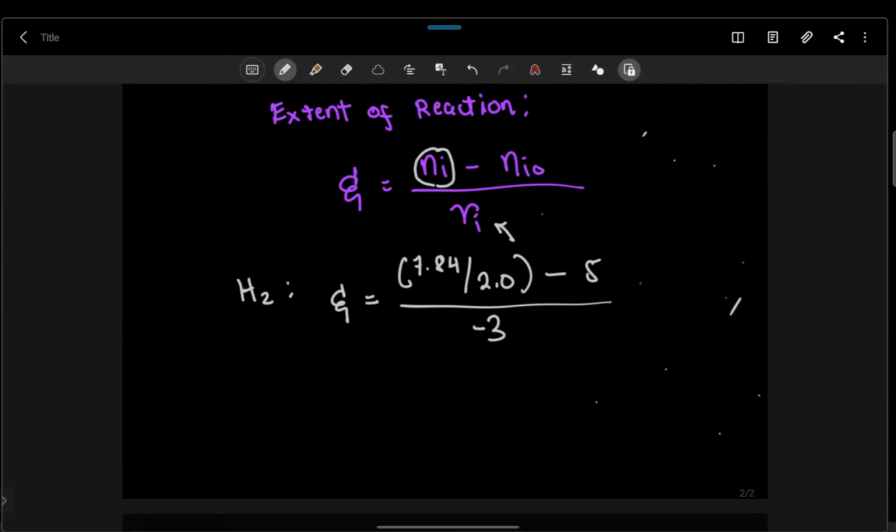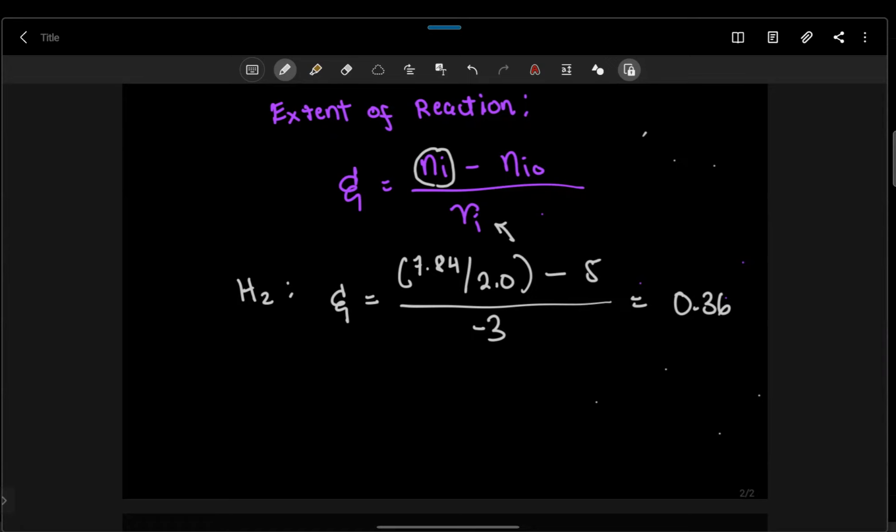So, if you will compute this, bibigyan ka ng 0.36. Okay? Na sagot. That is now the extent of reaction, and extent of reaction should be unitless, dapat unitless yung kanyang sagot.